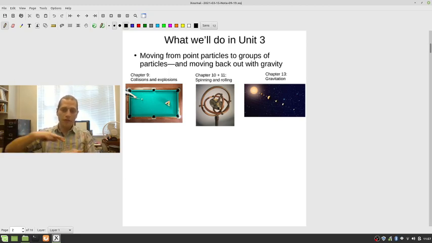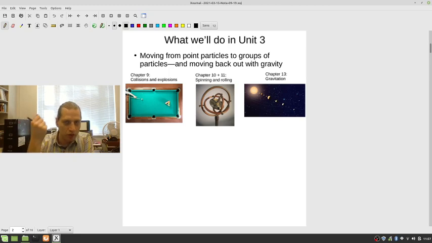But if you have a big disk of stuff, the objects on the outside of the disk are moving faster than the objects on the inside of the disk. So they have greater kinetic energy. So, as a result of that, if a disk is spread out far, it's going to be harder to get it to start spinning than if it's all concentrated in the middle.